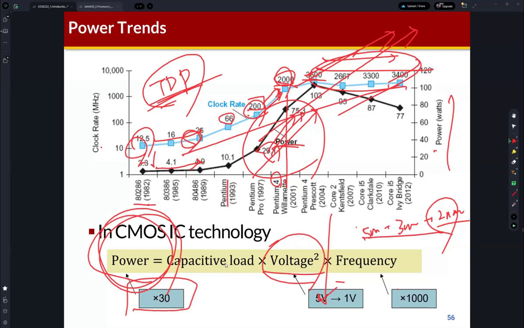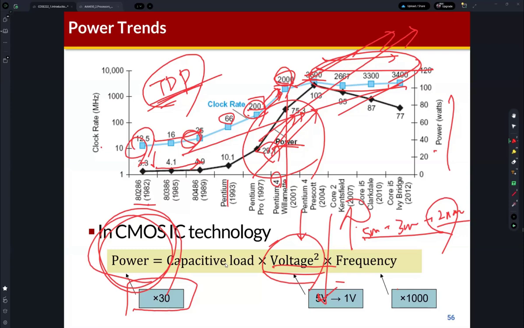They try to develop smaller transistors. And why? If we use a smaller transistor, then firstly, we can reduce the supply voltage, and then we can increase the clock frequency. It's good, right?